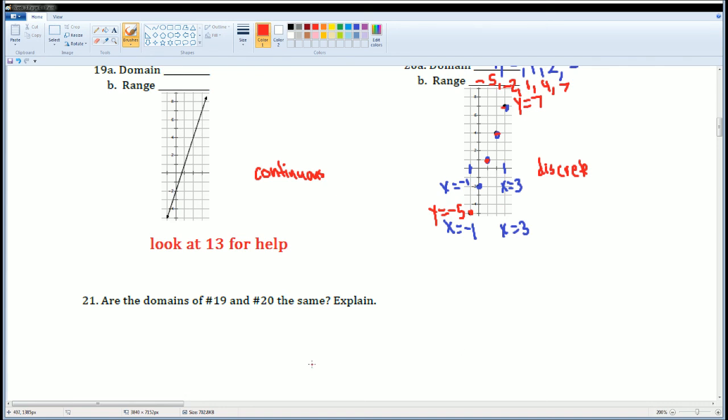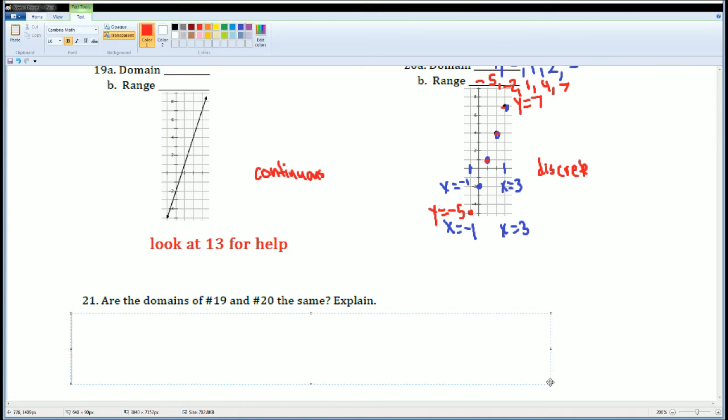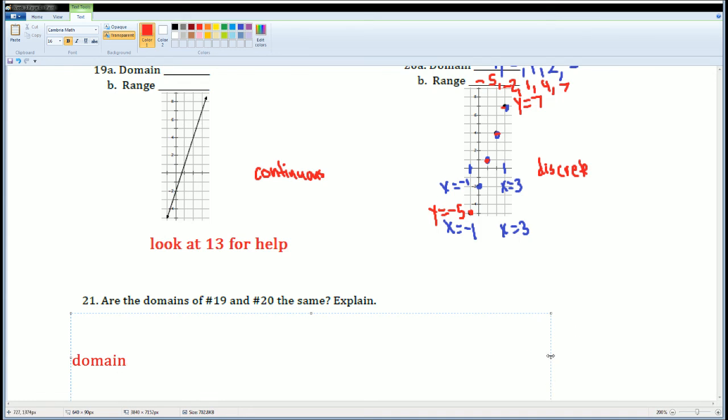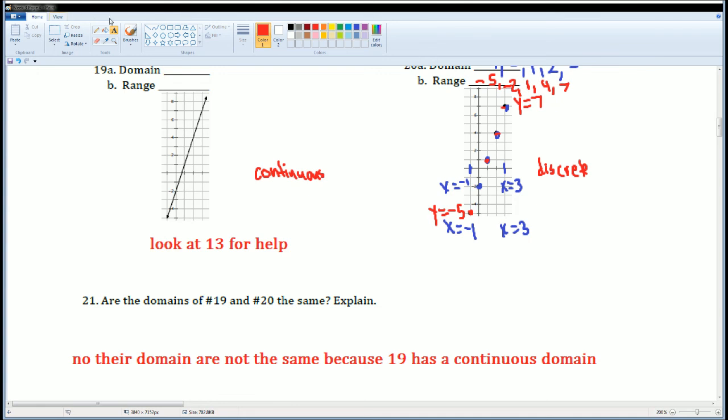So 21. It says, are the domains of 19 and 20 the same? You would say no, their domains are not the same because 19 has a continuous domain. That's what I would say.